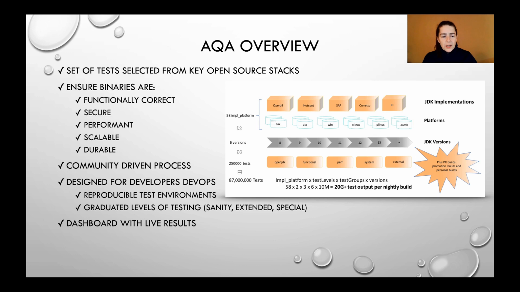We think about the developers writing the JVM. We want to be able to make a reproducible environment. We want to have various levels of testing so that you can go from a very quick litmus test into a more extended test and finally into tests that are edge cases or require special setup. And then let's make it easy to triage and assess on the large scale.